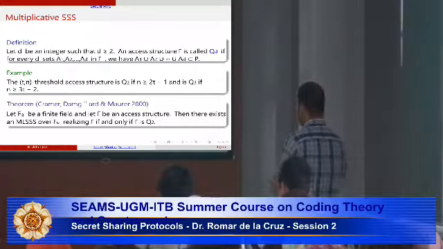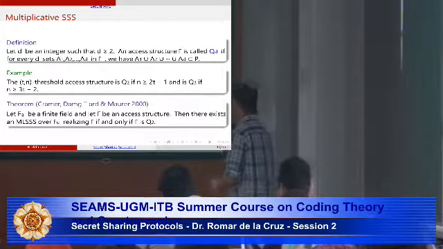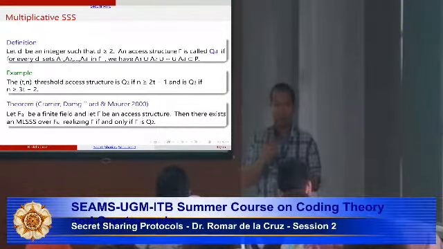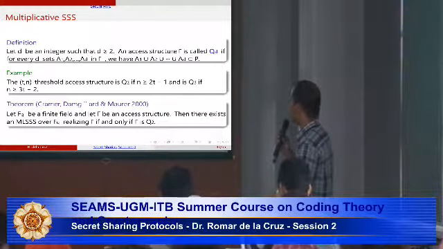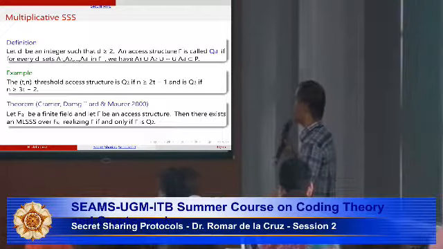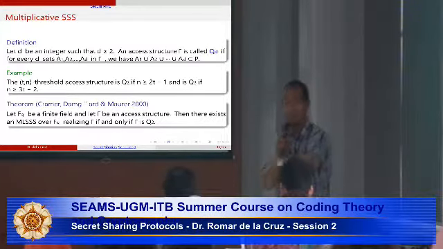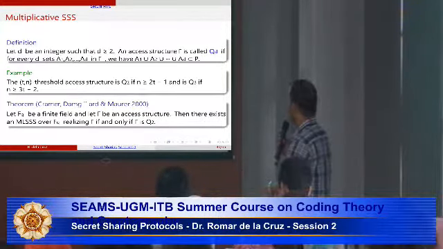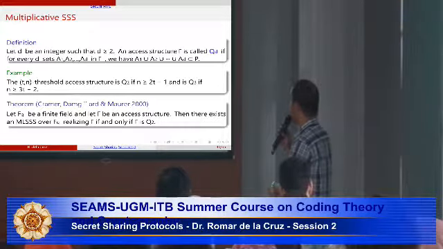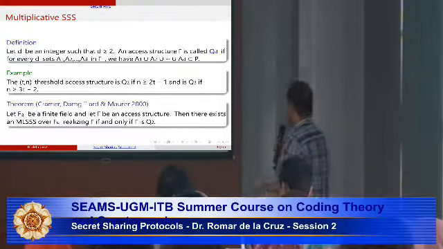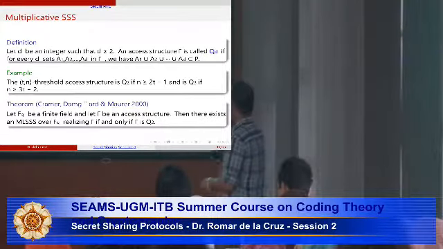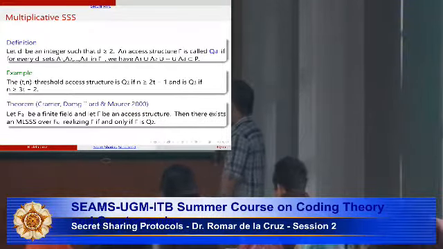An example is the T out of N threshold structure. When we say T out of N, any subset of size at least T is in the access structure. This is Q2 if N is greater than or equal to 2T minus 1, and it is Q3 if N is greater than or equal to 3T minus 2.